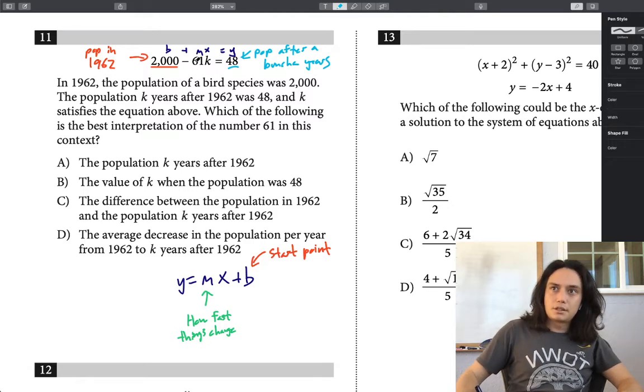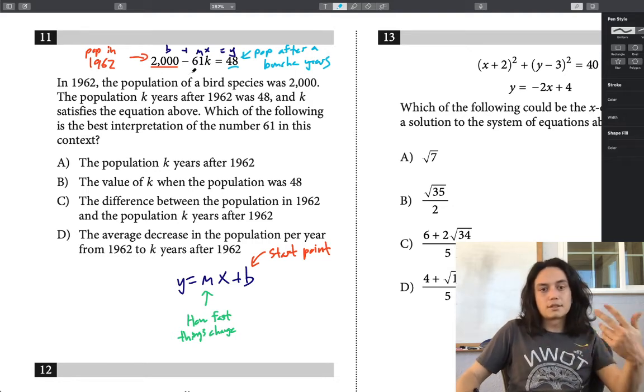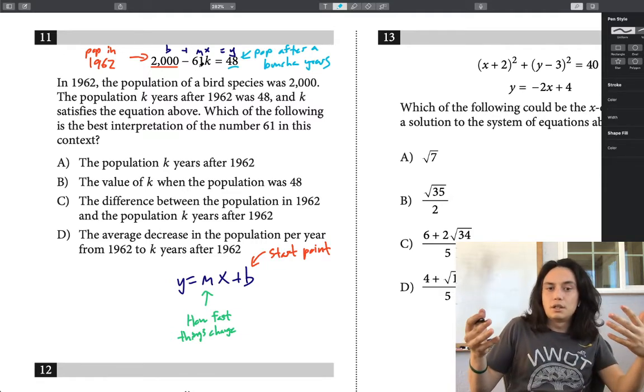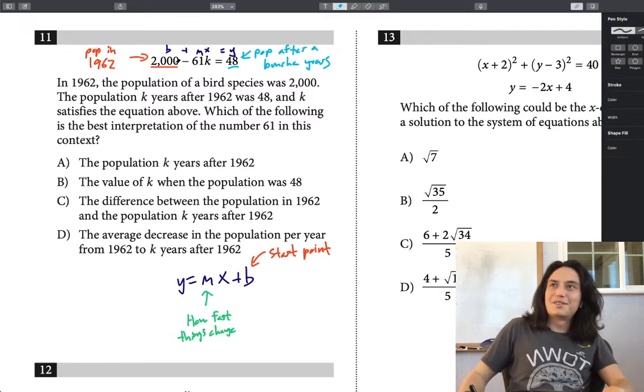And the 61 is the slope. It's how fast things change. And in fact, the slope is negative, it's minus 61. So what's happening is that every year that goes by, we're subtracting 61 from the population. It was 2,000 in 1962. Then in 1963, there were 61 fewer birds.